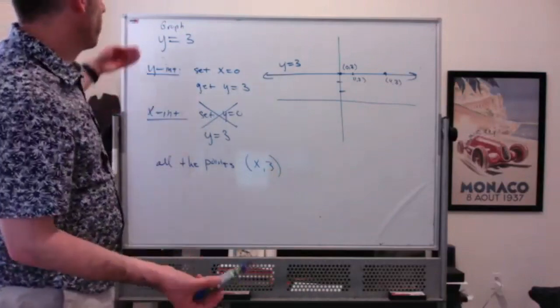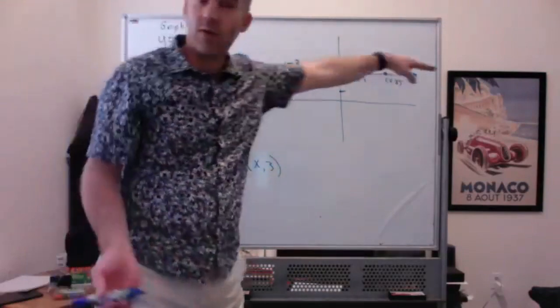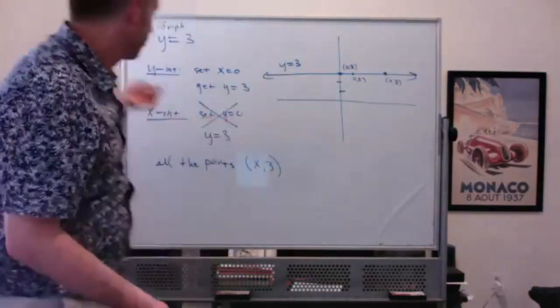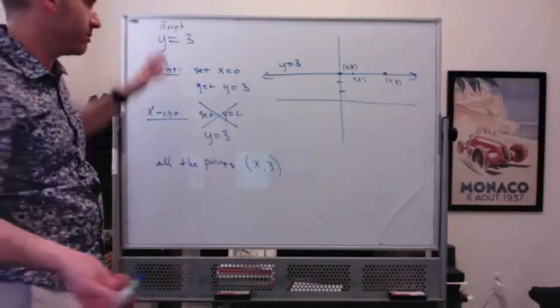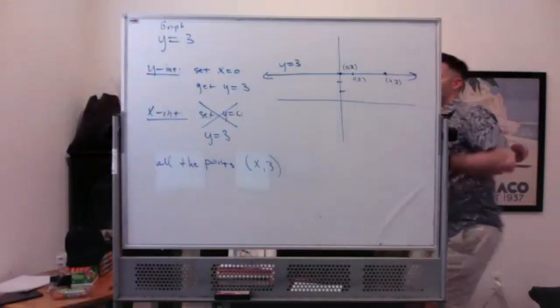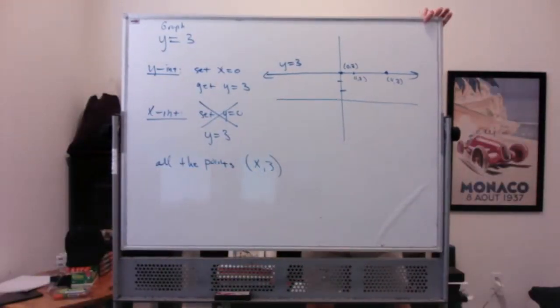So whenever you're graphing y equal to a number, you just get a horizontal line where all the coordinates have a y value of 3, and all the x coordinates can be whatever you want. In a similar way, if we were asked to graph something like x equal to -4, we would get a vertical line.